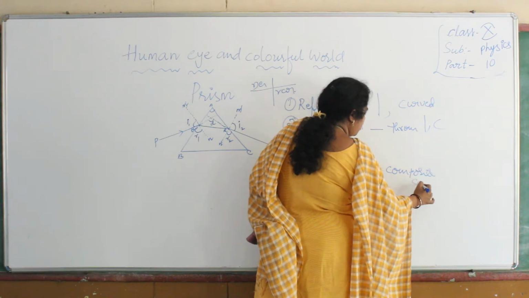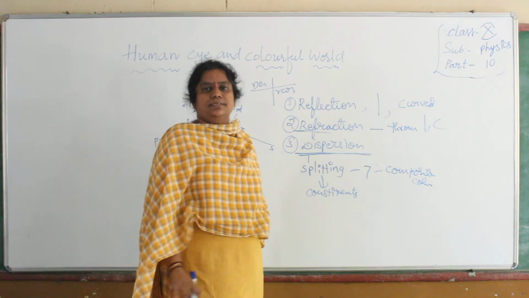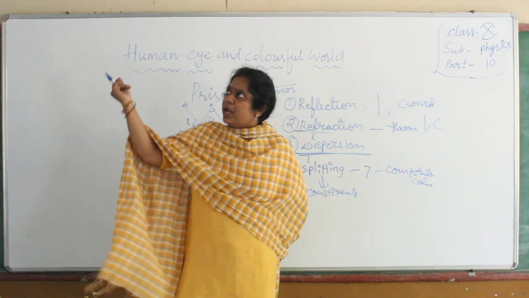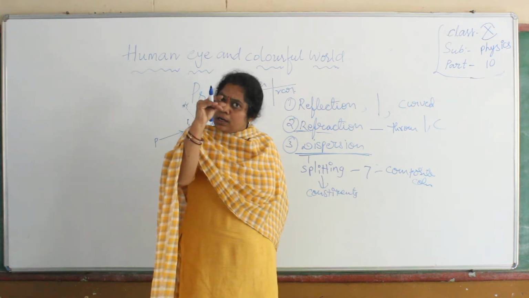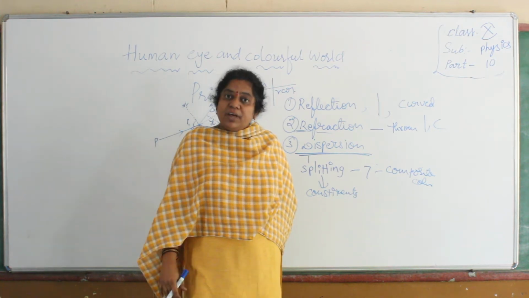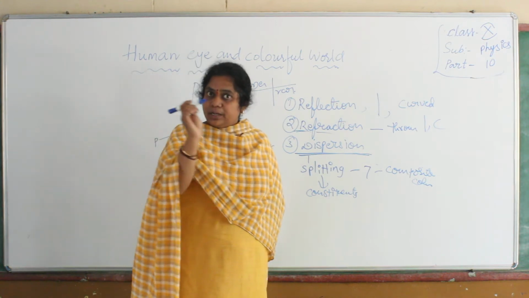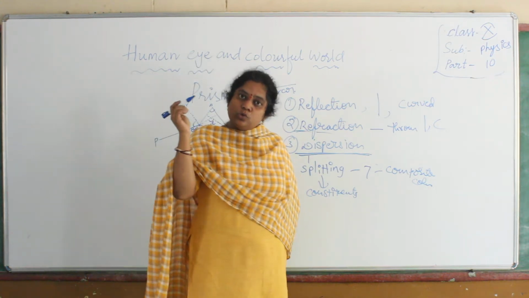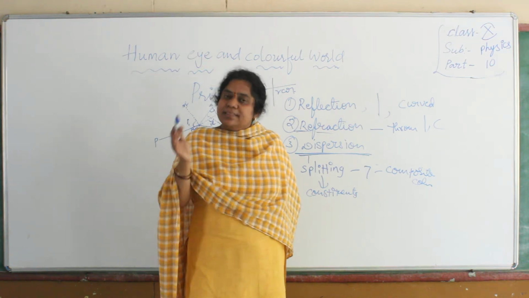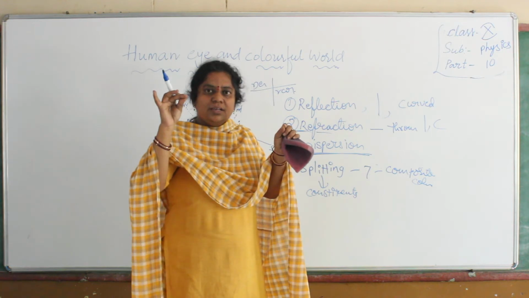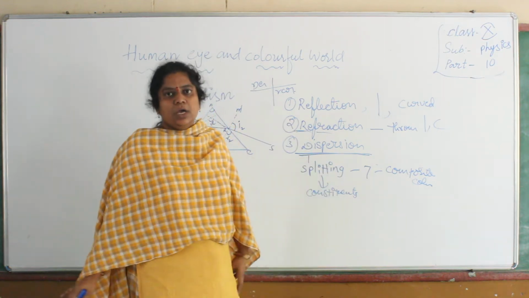What do you mean by composite color? It is a combination of 7 colors. Actually, we can't see that when light is traveling in the air, it will be the composite color. But when the light goes to any medium, like water, or any substance like a prism, the 7 colors will separate. Why they separate, how they separate, that we will discuss now in this video.